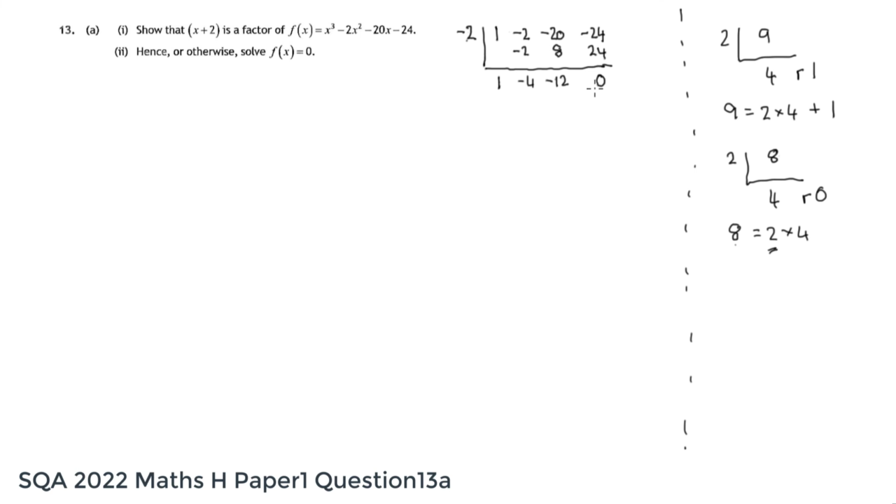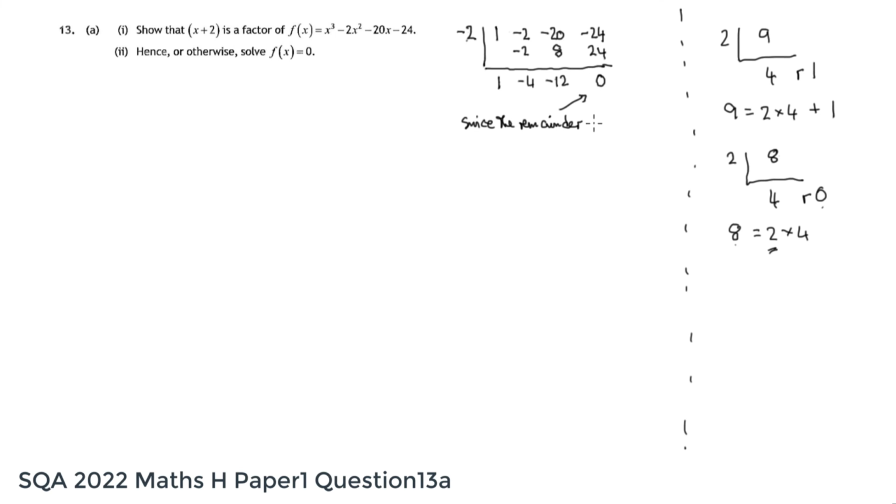And just as this example was 8 divided by 2 going exactly 4 times with a remainder of 0, x plus 2 into this polynomial goes this number of times, we'll come to that in a minute, with a remainder of 0. So what we can say about this is, and we have to state this, since the remainder is 0, you have to show that you know what this 0 means.